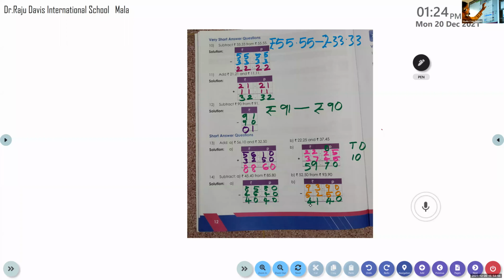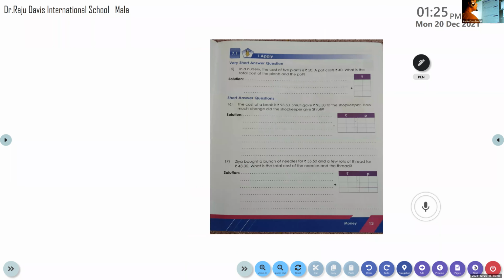Let's move to page number 13. All of you have completed? Yes, ma'am. In a nursery, the cost of 5 plants is rupees 50.